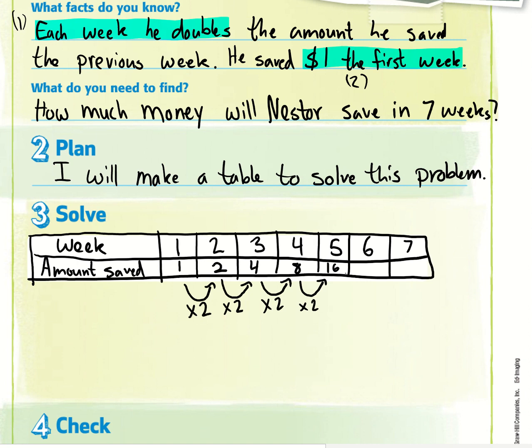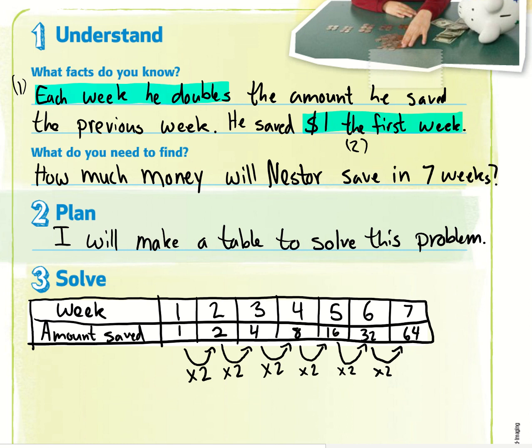So 8 times 2 is 16. 16 times 2 is 32. And then we're almost at the 7th week. We're going to double one more time. 32 times 2 is going to be $64. So now we have to look at what do we need to find? How much money will Nestor save in 7 weeks?